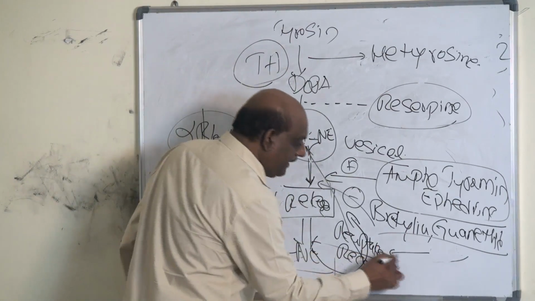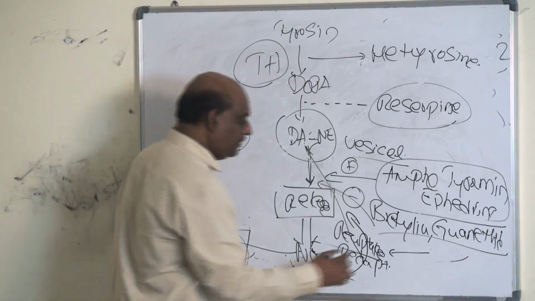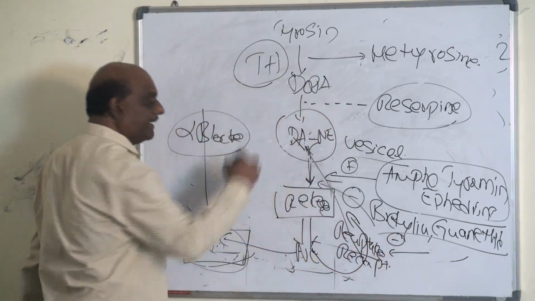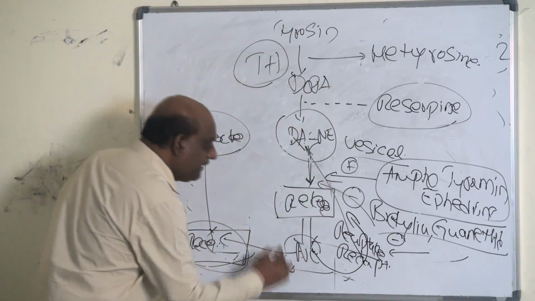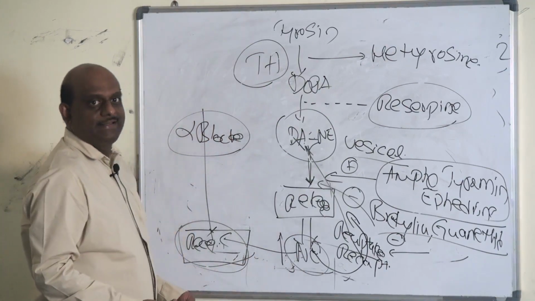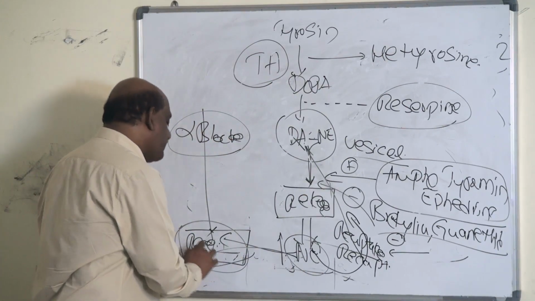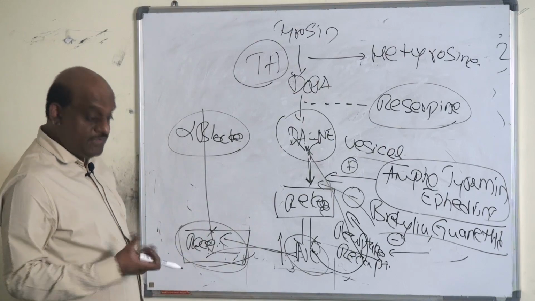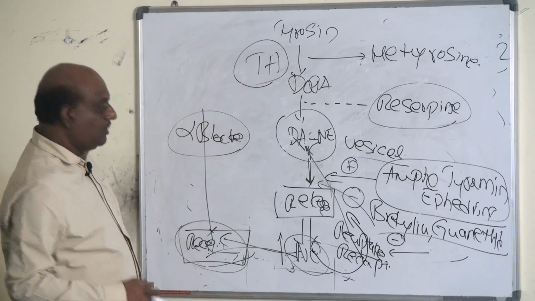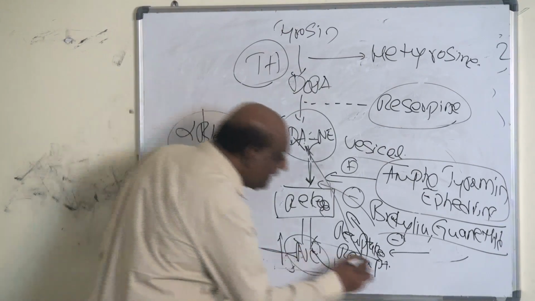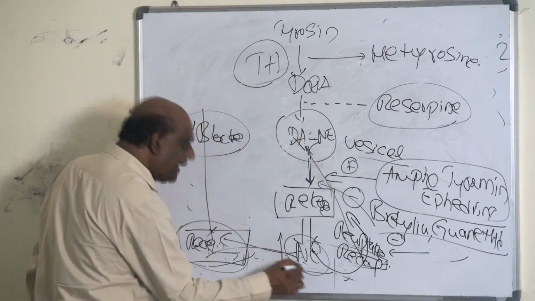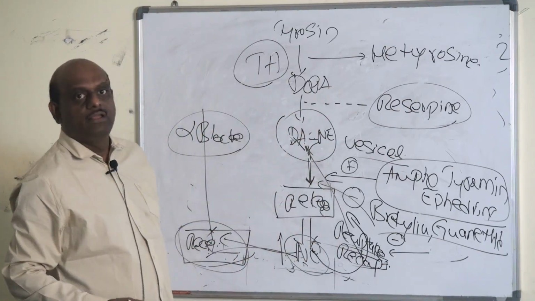So if something happens to inhibit this reuptake, what will happen? Norepinephrine becomes increased and that goes and acts on the receptors and sympathomimetic effect occurs. So what are the inhibitors of the recapture and reuptake of the norepinephrine, doctor?